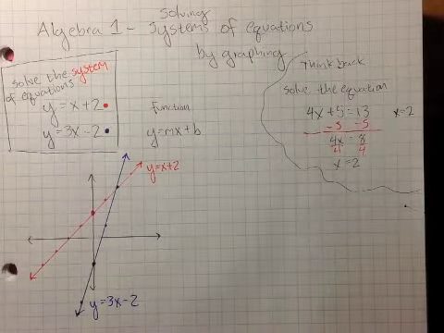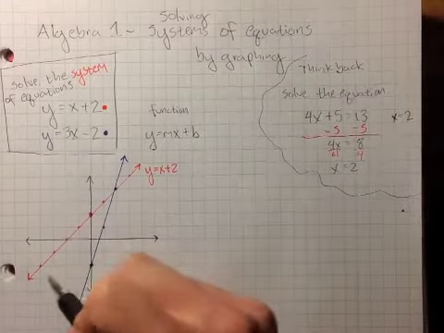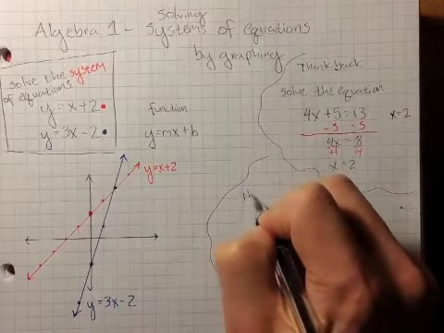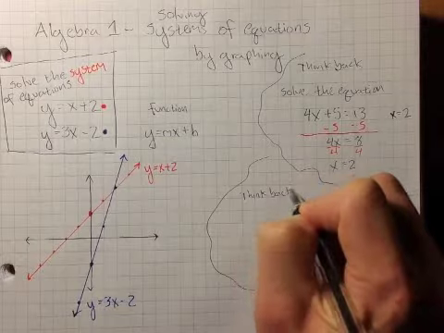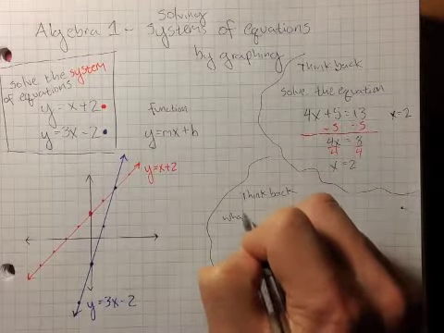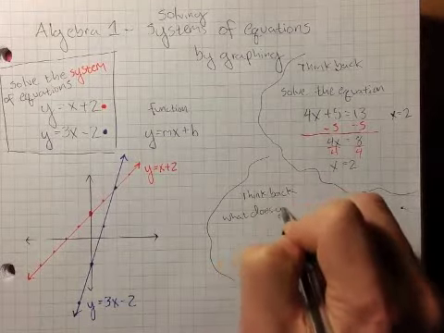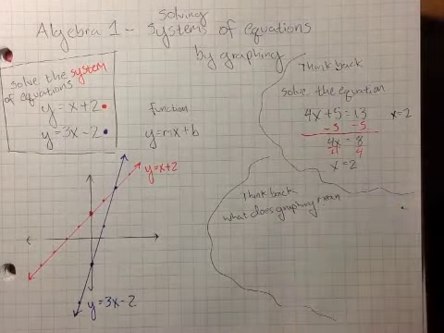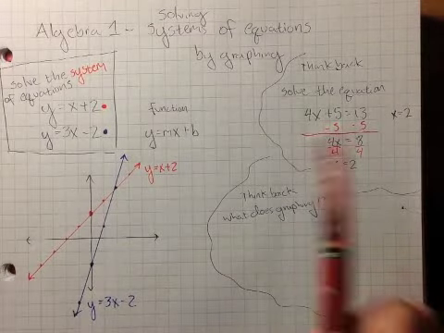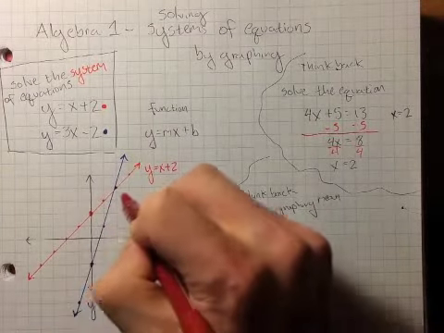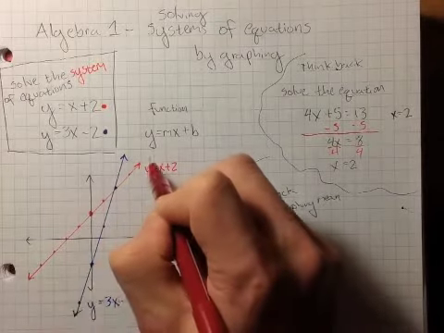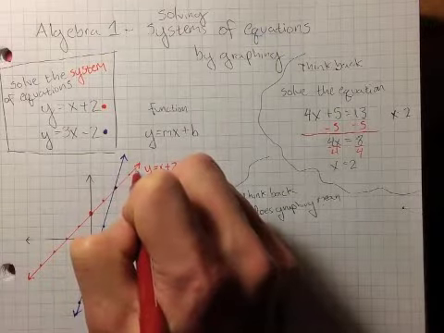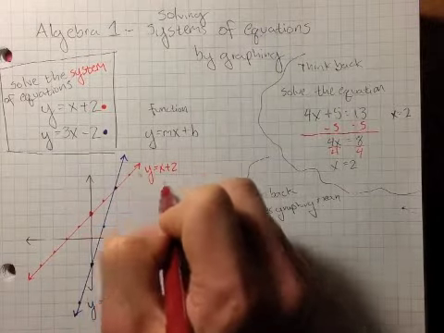Now, let's think back again to what graphing really means. What does graphing mean? Well, graphing an equation means that any ordered pair on this line is a solution to that equation.